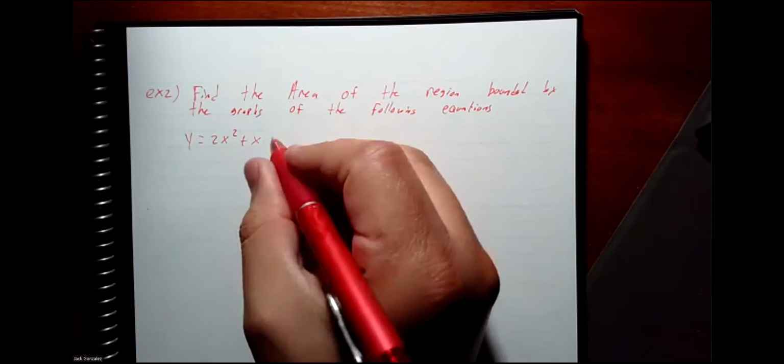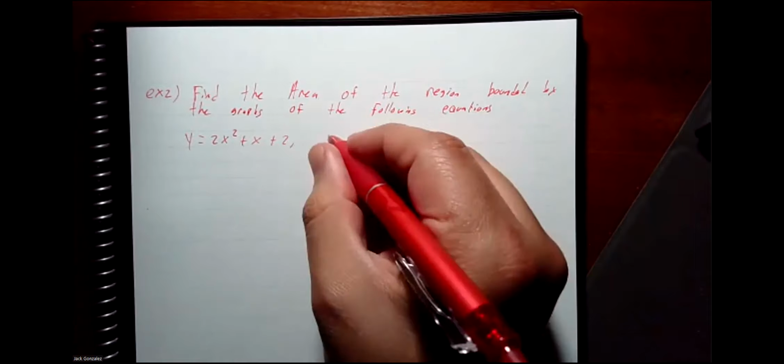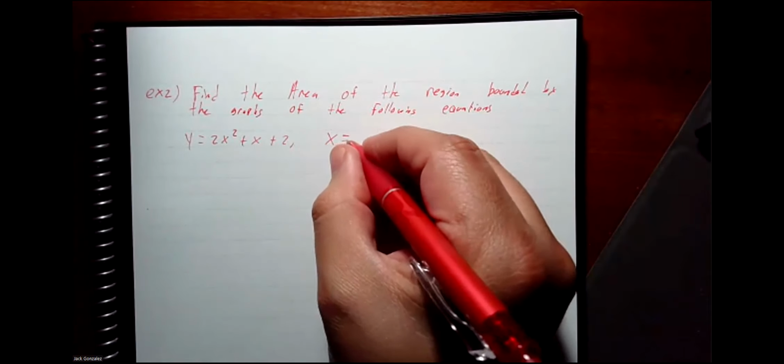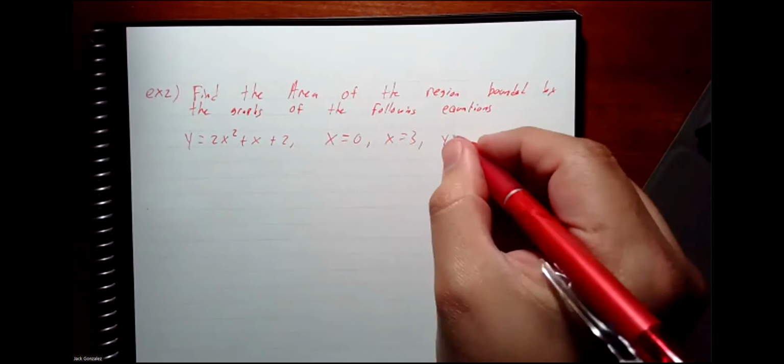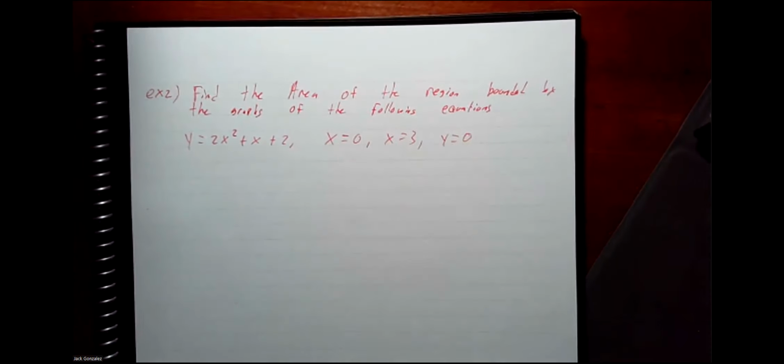So y equals 2x squared plus x plus 2, the vertical line x equal to 0, the vertical line x equal to 3, and the horizontal line y equal to 0.